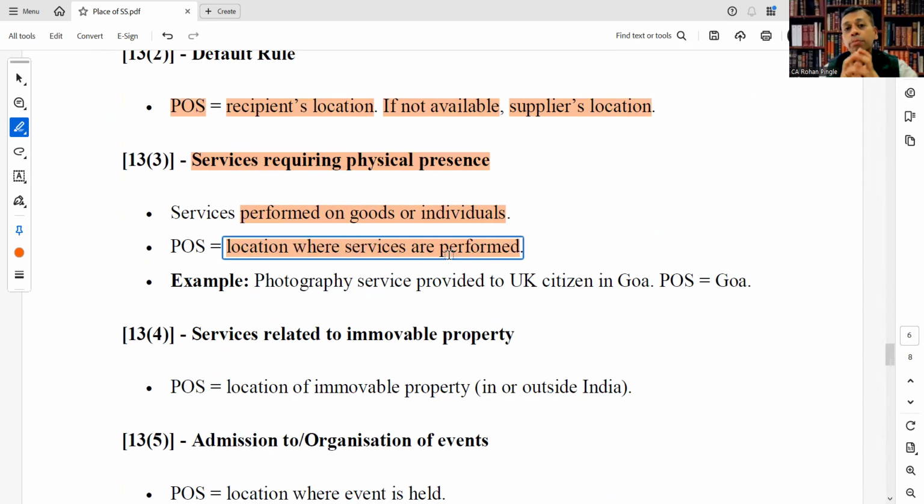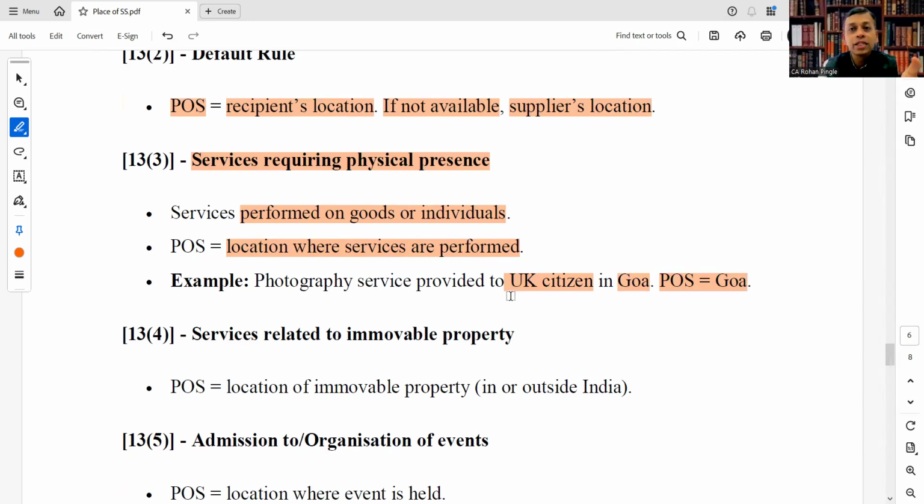Whenever that person or those goods are required to complete or perform the services, the place of supply would be the location where services are actually performed. Example, photography service provided to a UK citizen in Goa. The place of supply will be Goa because it is performed in Goa. The citizen is of UK, but services are provided in Goa.